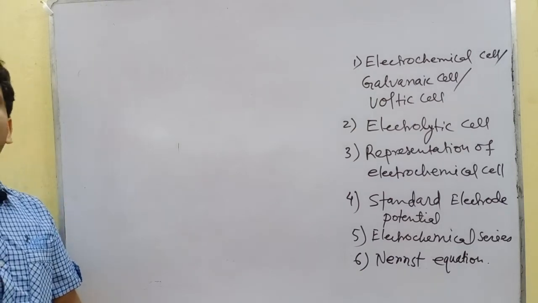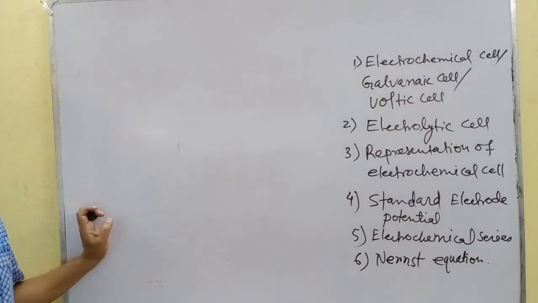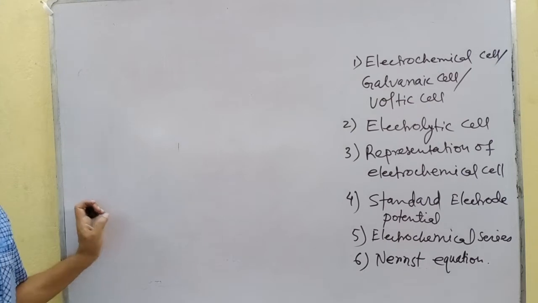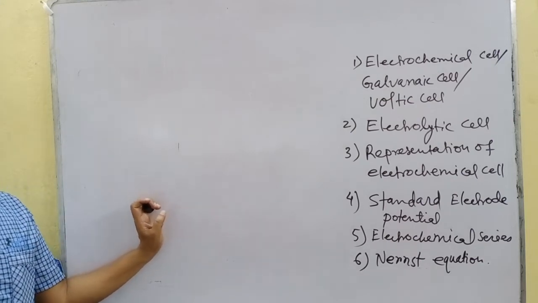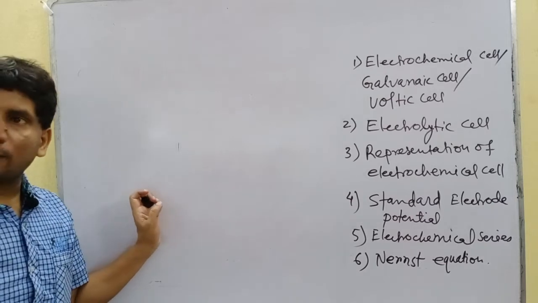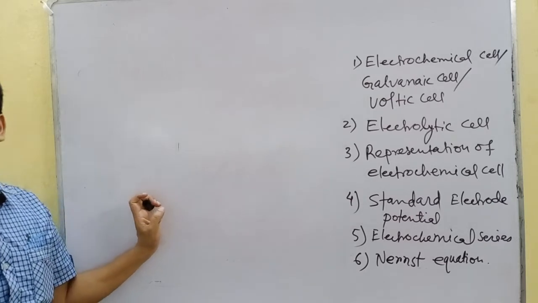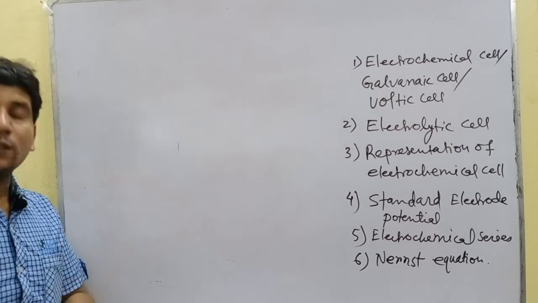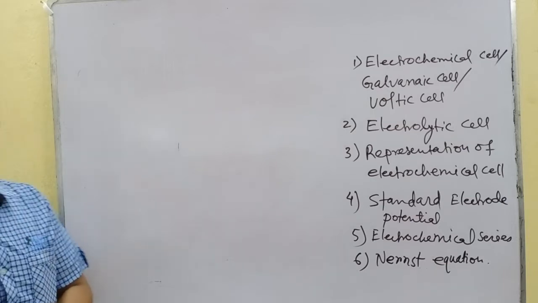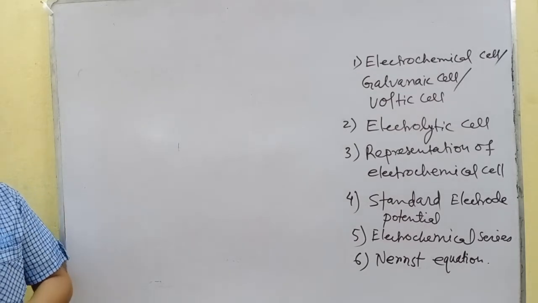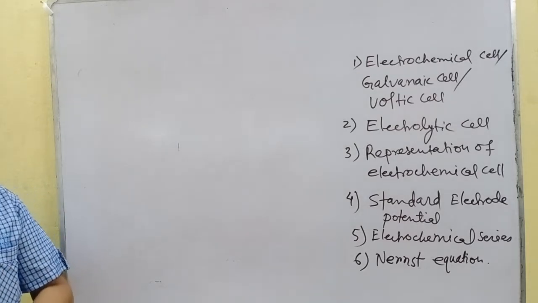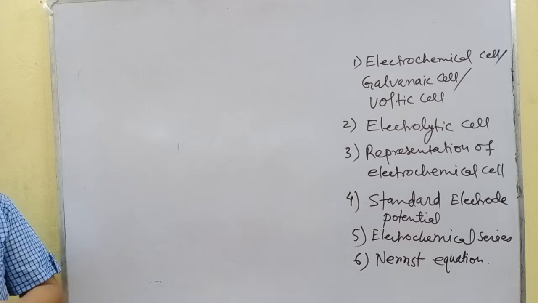Okay, what happened when the concentration is unity at 25 degree centigrade temperature and the pressure is 1 atm pressure, then the potential of any electrode is known as standard electrode potential. The given value of the electrode potential is regarded as a reduction potential.